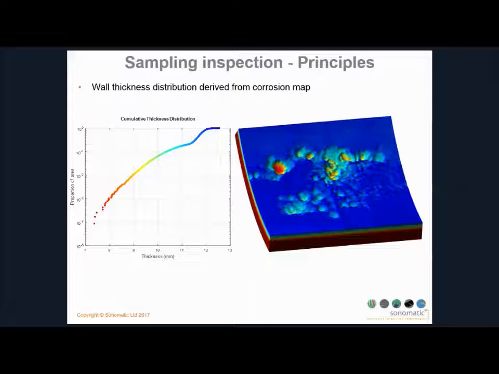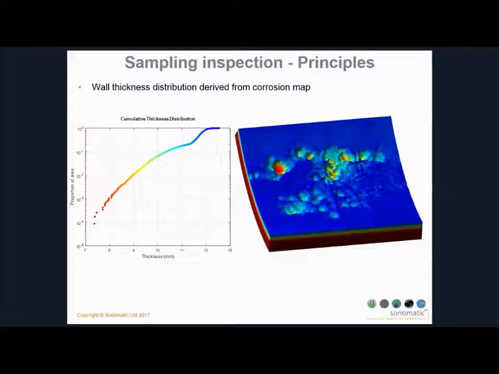So basically what this graphic is showing is that most of the material, because this is on a log scale, about 80% of the material, which covers this range over here, is at a thickness of more than about 11.5 millimeters. That really refers to all of the uncorroded material. We see in this distribution a transition at about 11.5 millimeters, and then you get this tail forming, which covers about 20% of the area.